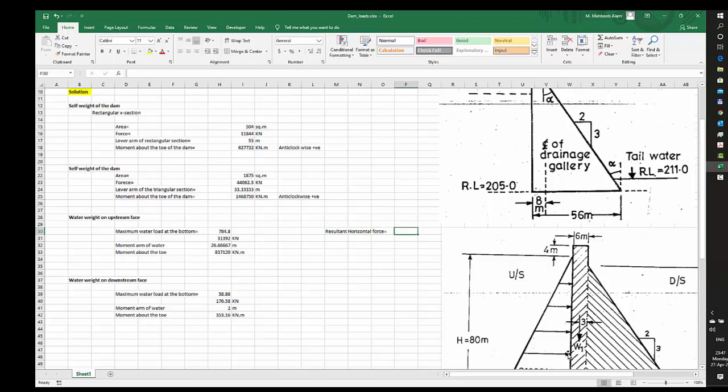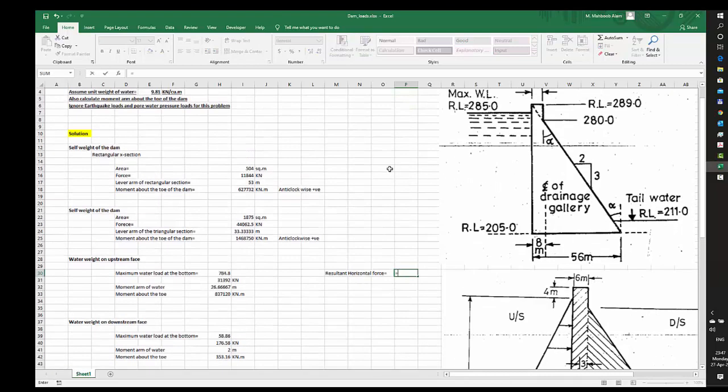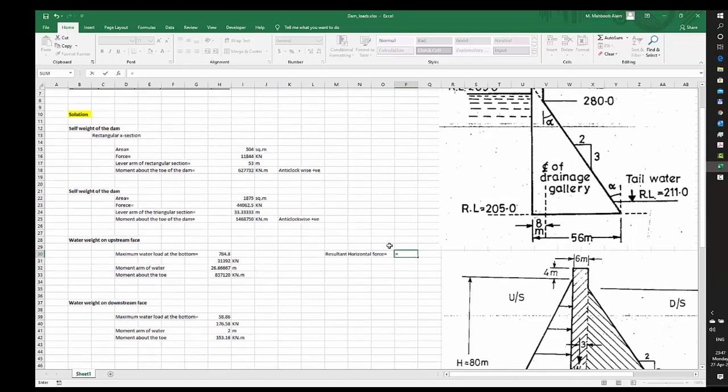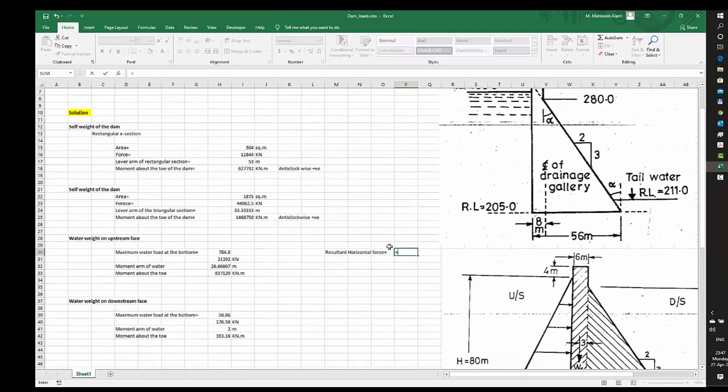Very simply, horizontal forces are acting due to water. Self weight is acting in the downward direction, so this is vertical load. We are not looking at it, we are looking at horizontal forces. Horizontal forces are due to water in this direction because of the upstream water, and in this direction because of the downstream water. We calculated both of these forces, and the directions are reverse to each other because of upstream and downstream water.